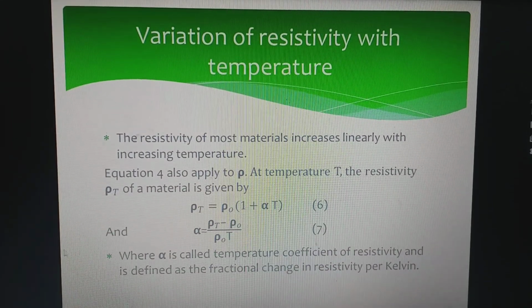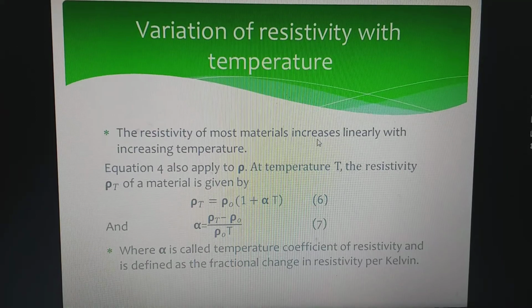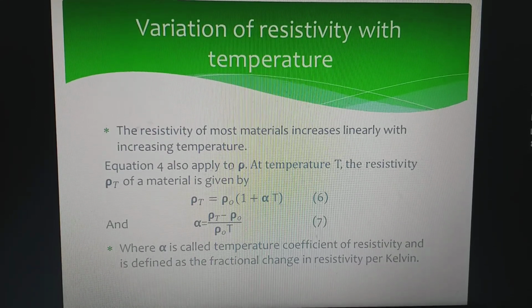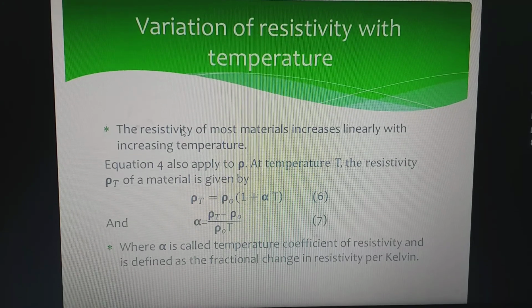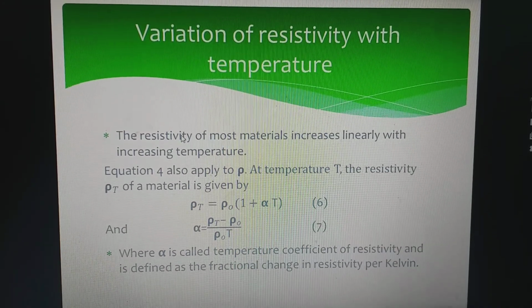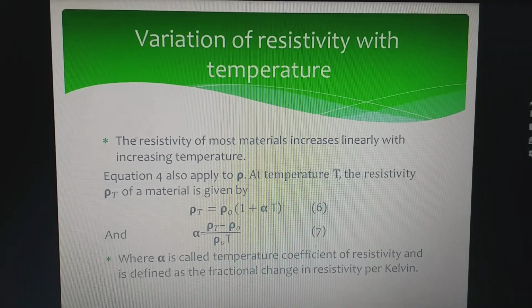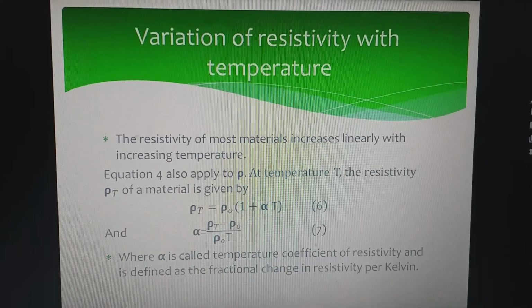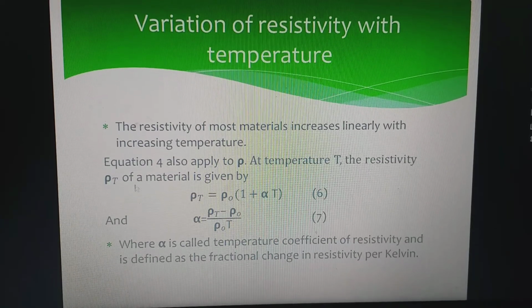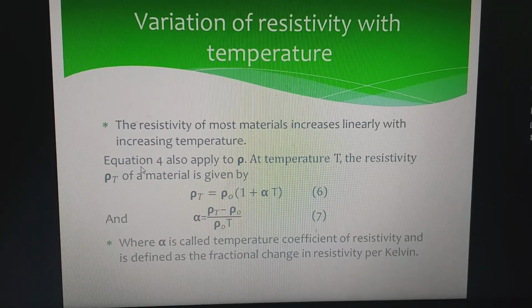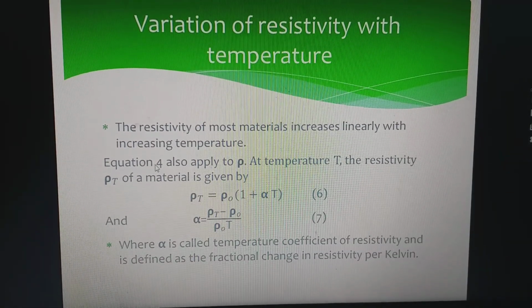The resistivity of most materials increases linearly with increasing temperature, just like resistance. So here we discuss the variation of resistivity with temperature. What is the effect of change in temperature on the resistivity of a given material? For this purpose, let me consider equation number 4.